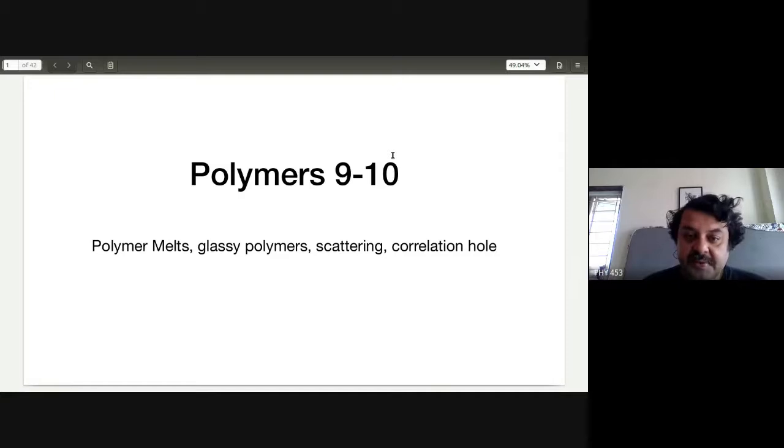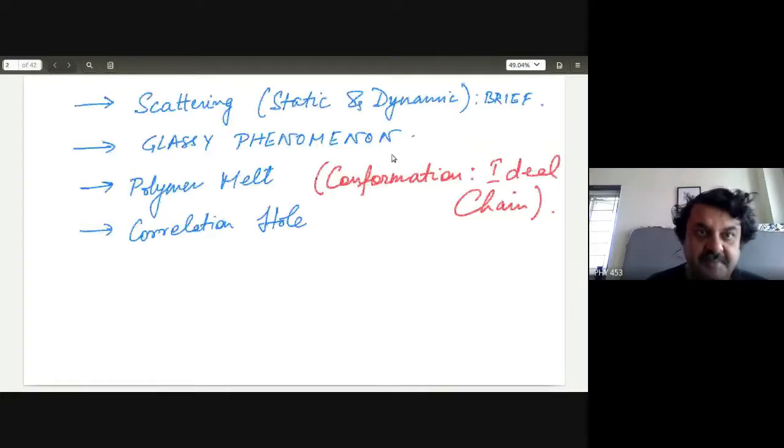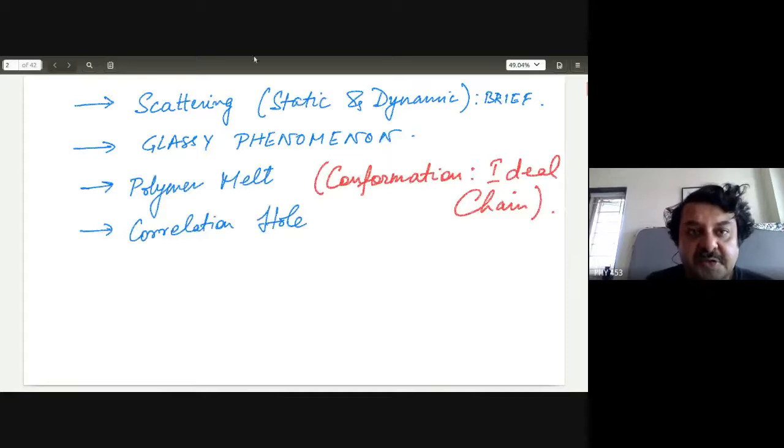So that's a separate addendum, a separate set of lectures. Scattering is included in polymer melts, but some of the statistical physics will be explained in a separate lecture, and we will also at the end come to the idea of correlation hole in polymer melts. Okay. So this is what we'll be discussing.